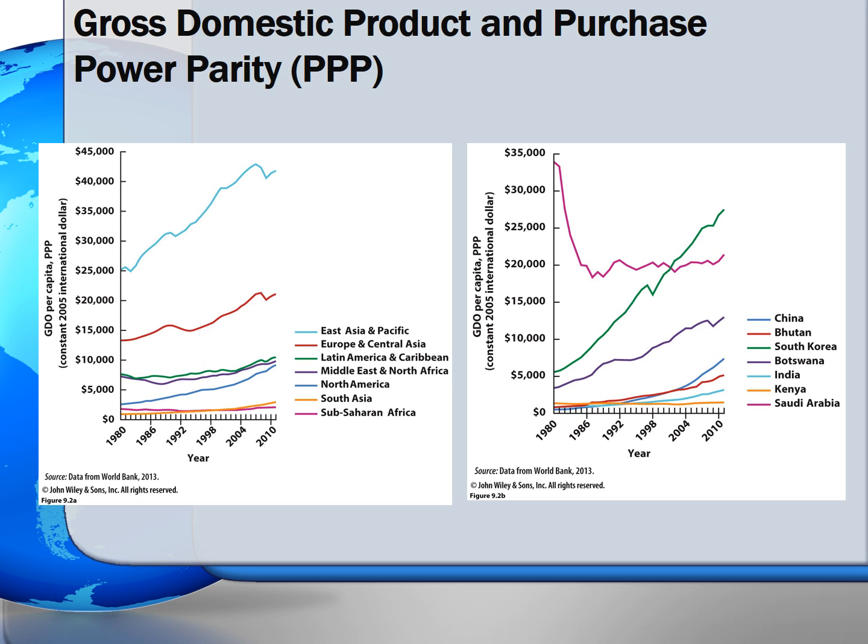The graph on the right records South Korea's phenomenal economic growth before and after the 1998 Asian financial crisis. It also shows the precipitous decline in Saudi Arabia, triggered by an oil glut in the early 1980s. Bhutan and China have also experienced significant per capita GDP growth.